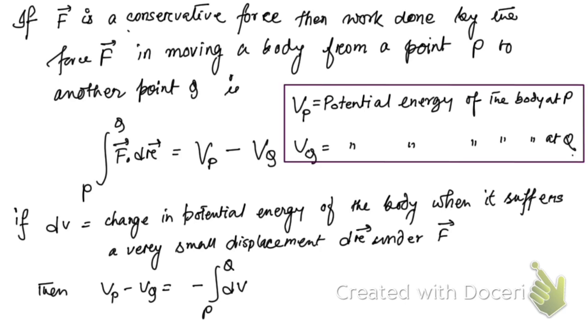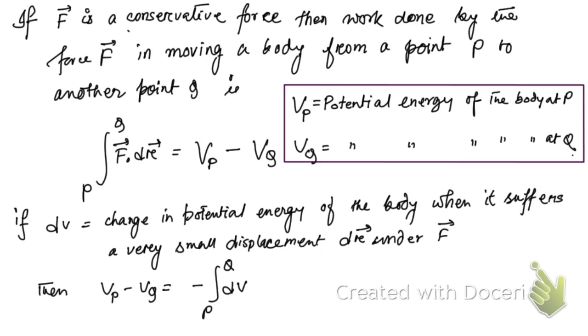Field means, if it is a particle moving from one point to another in a gravitational field, then the external force will work against that gravitational force, right? So hope you have understood. That's why this negative sign comes here. Okay, so hope you have understood this.